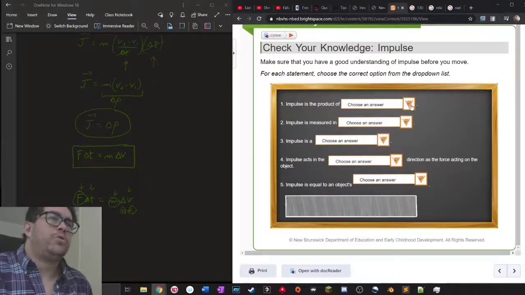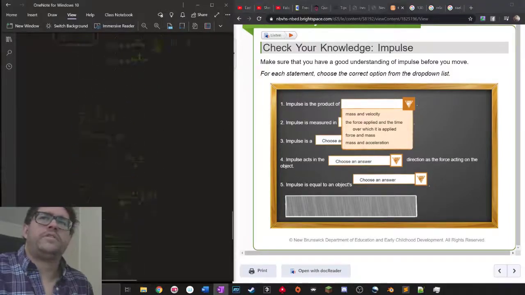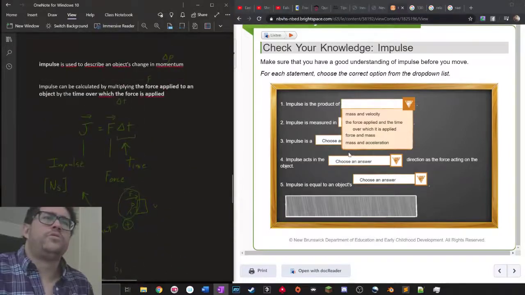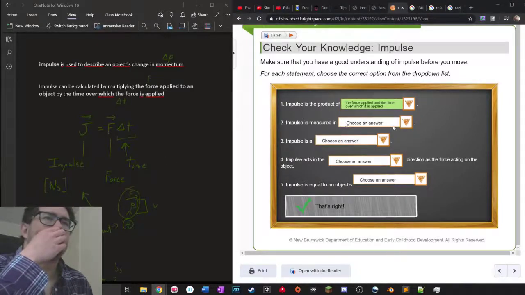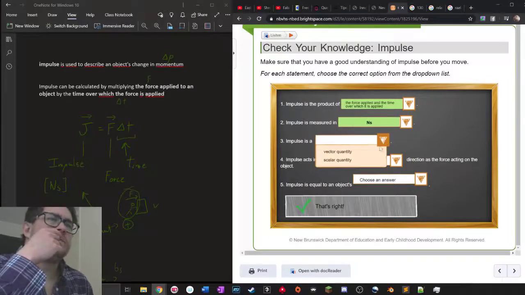Okay, impulse is the product of force and time, no? Force applied in the time over which the impulse is measured, in Newton seconds. Impulse is a vector.